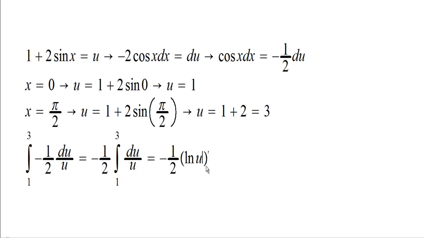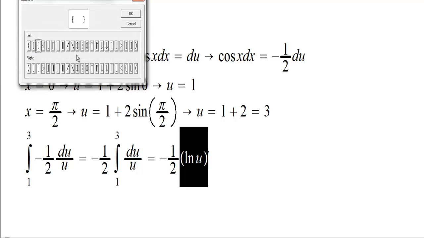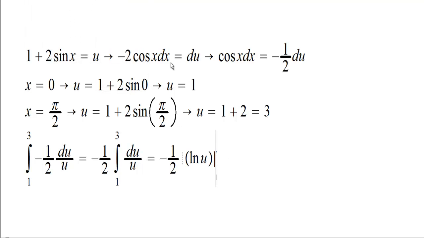And this is going to be taken from where to where? Just do 1 second. Okay. So we get right here, top is how much? 3, and the bottom is 1, right? So that's negative 1/2, right? Ln of 3 minus ln of who? 1, right? Ln of 1 is 0, isn't it?